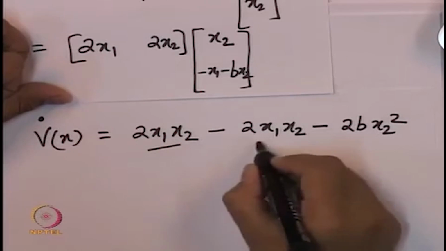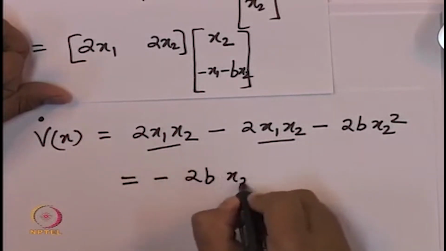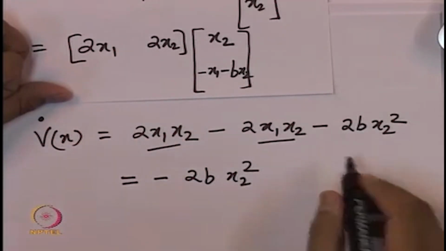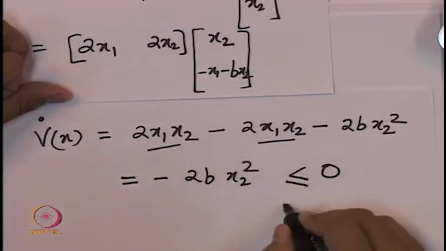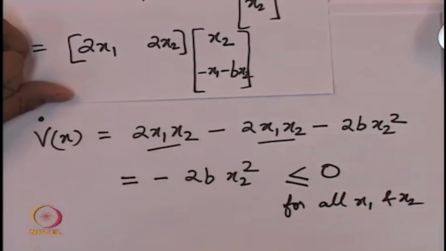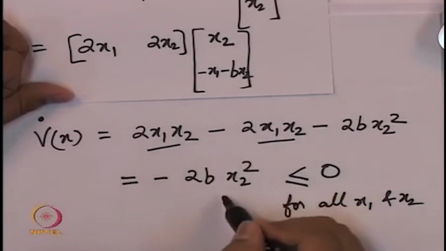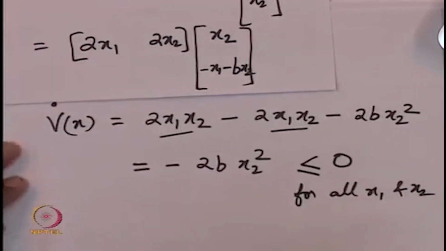So, we can cancel this, and this is nothing but minus 2b x2 square. Since we have assumed that b is positive, this quantity is less than or equal to 0 for all x1 and x2. It turns out that x1 does not appear at all in v dot of x, but in any case for all x1, x2 this is less than or equal to 0.